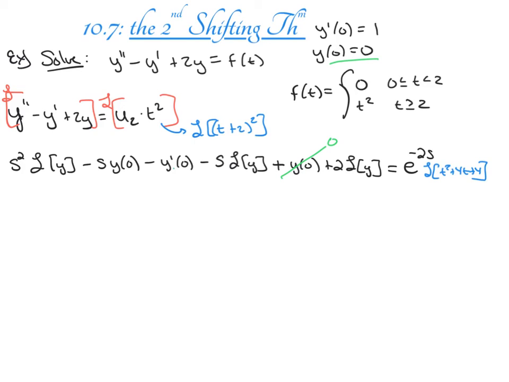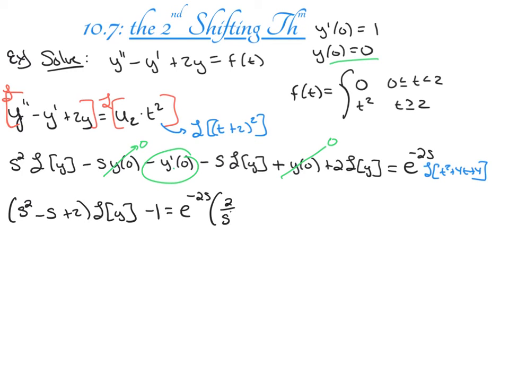So this is 0, this one's 0, and this is 1. So what do we have? We've got s squared minus s plus 2 times the Laplace of y minus 1 equals e to the negative 2s times the quantity. Okay, Laplace of t squared is 2 factorial over s cubed. The Laplace of 4t is 4 over s squared. And the Laplace of 4 is 4 over s.